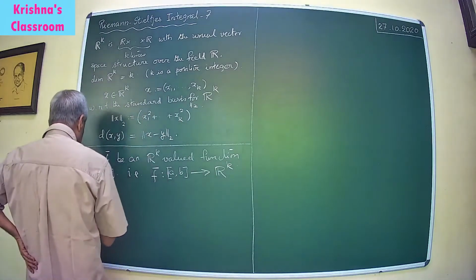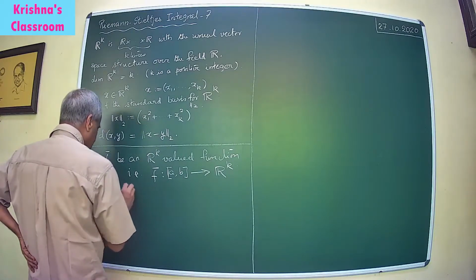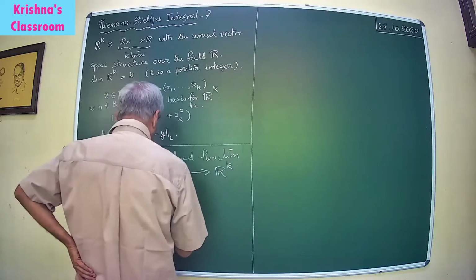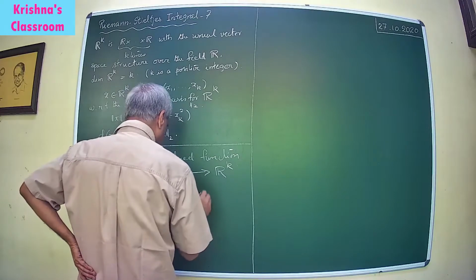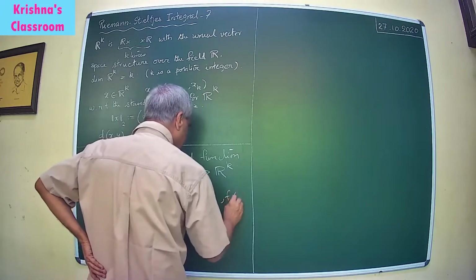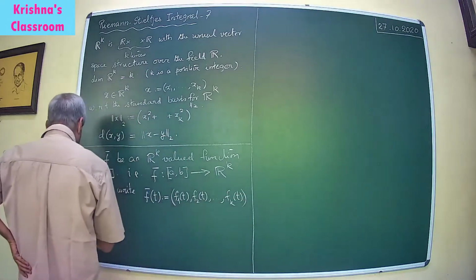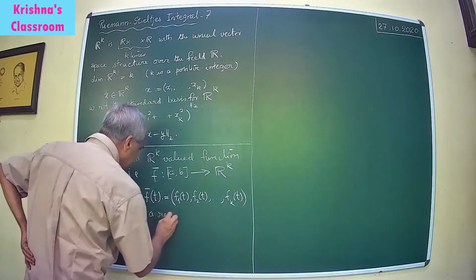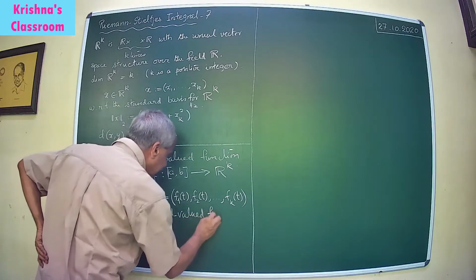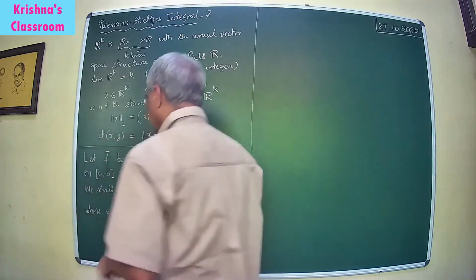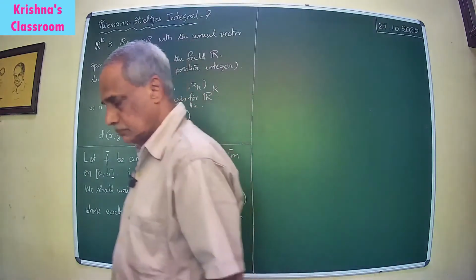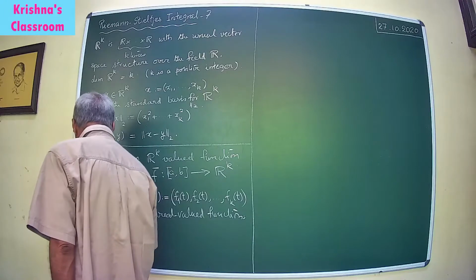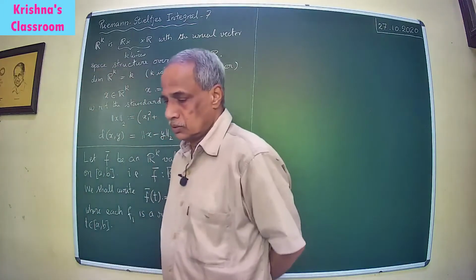So we shall write f bar of t equals (f1(t), ..., fk(t)), where each fi is a real valued function. Of course, t belongs to [a, b].